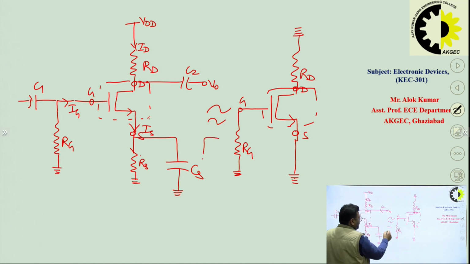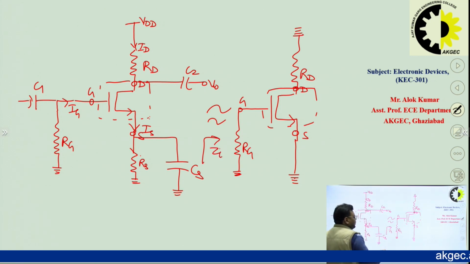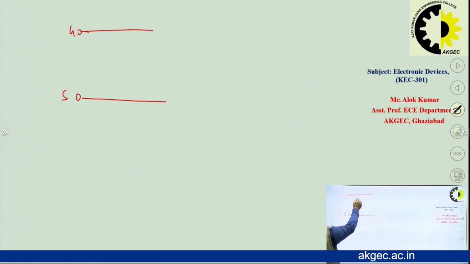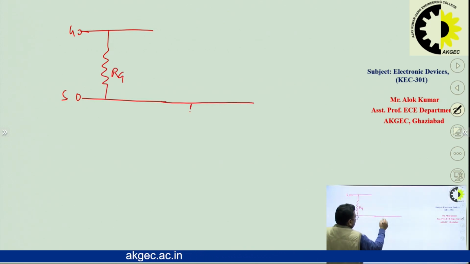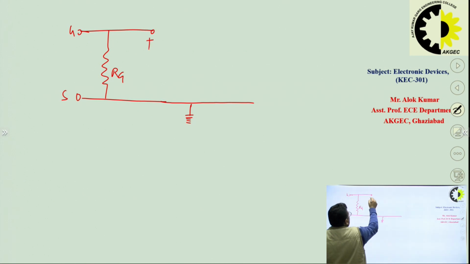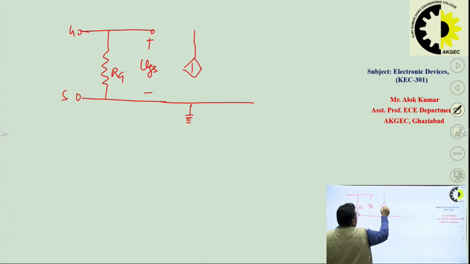So if we look from the input side, we can see a resistance RG connected, and here the voltage will be VGS.